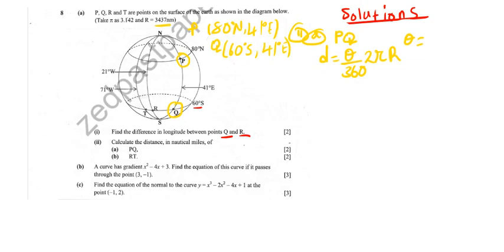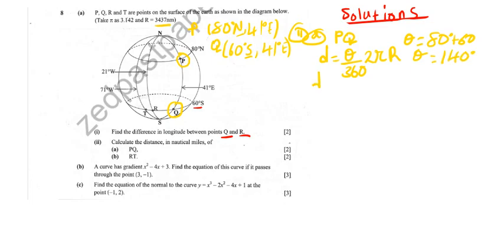So since they are sharing the same longitude, our difference becomes in latitude, and that difference is equal to the theta. So we are going to have 80 degrees, but as you can see the signs are different. We have a north and a south, so you add, so you say plus 60, which means theta will be equal to 140 degrees.